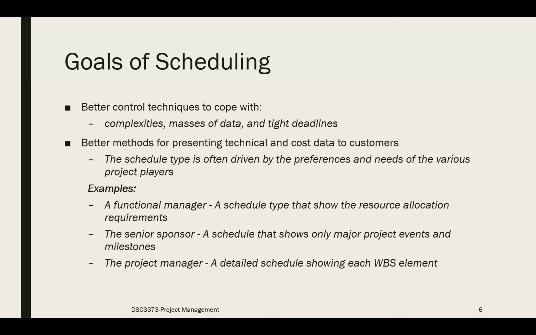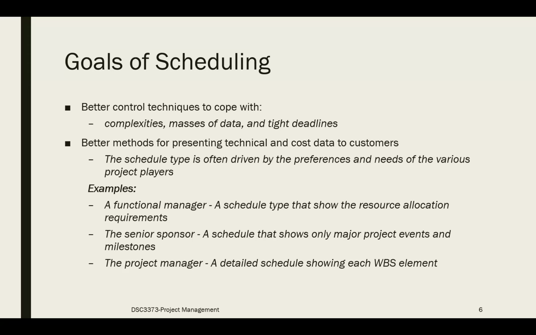The schedule type will be driven by the preferences and needs of different stakeholders. If we take, for example, a functional manager, they will want to know what the resource allocation requirements are. So that schedule will need to show the resource allocation requirements.